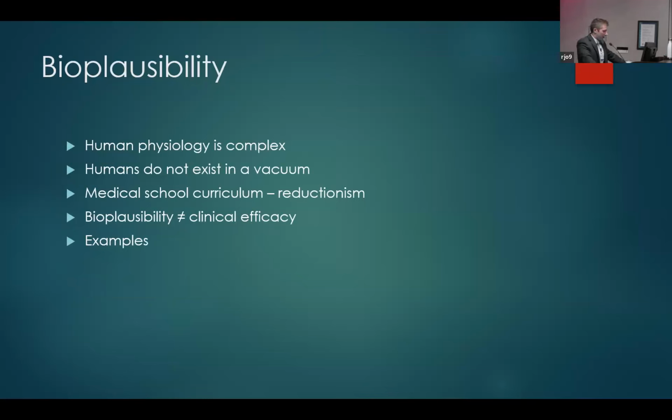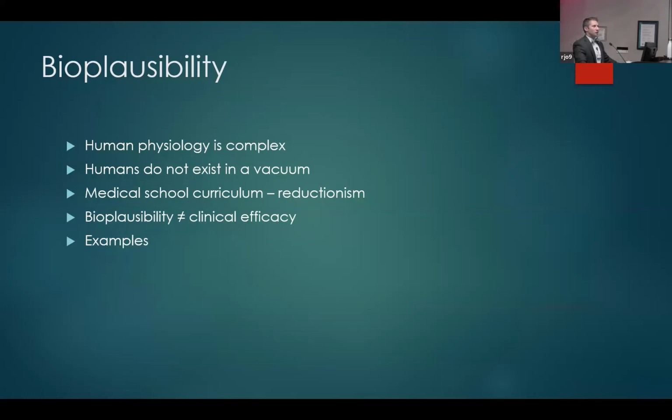Another thing that I wanted to touch on before we get into some more epidemiology is this concept of bioplausibility. In medicine, we are taught biology, physiology, and a lot of times we think that because we understand a mechanism at a cellular level, that we can have an effect, or that if we change that one mechanism, that we can change the organism or the patient in our case.